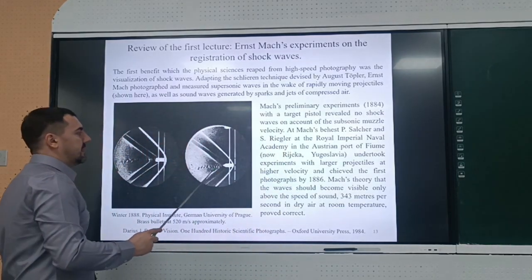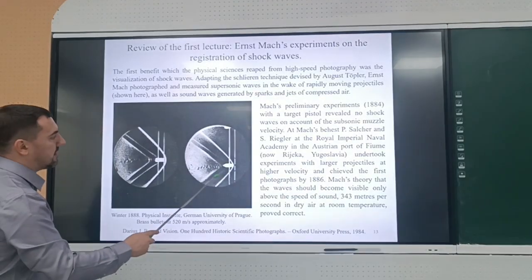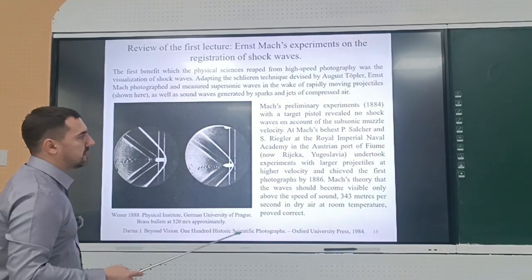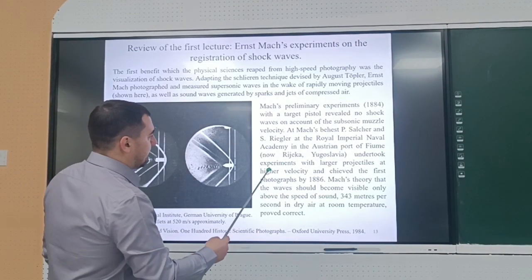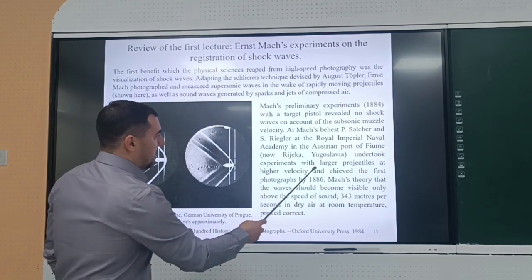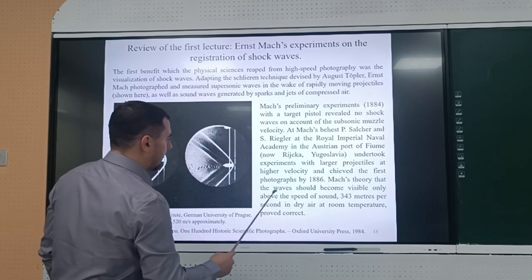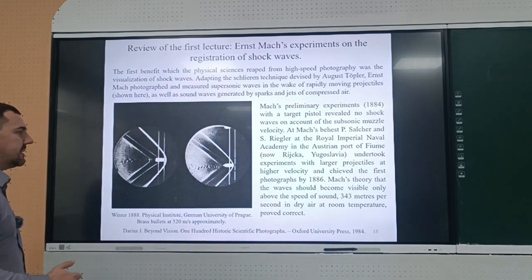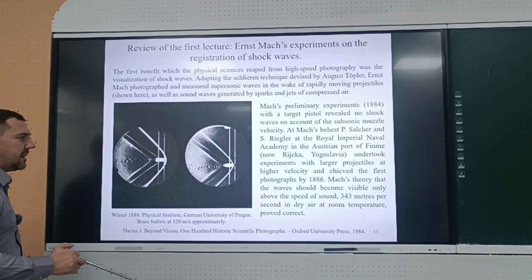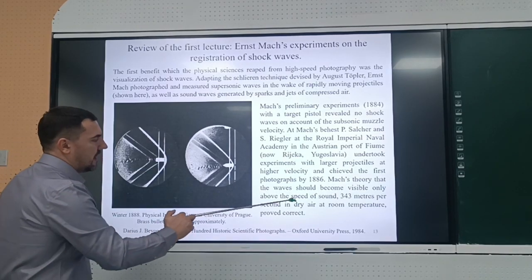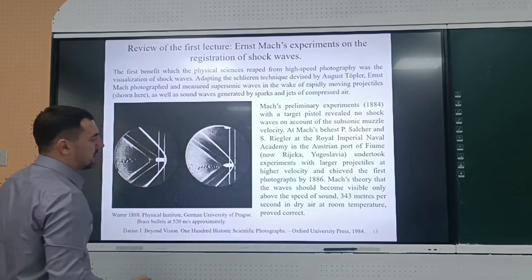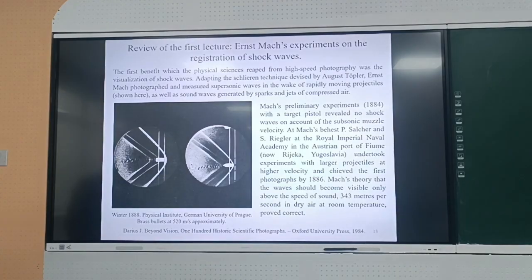So if the velocity of the bullet is subsonic, there are no shock waves. Then they undertook experiments with larger projectiles at high velocity and achieved the first photographs by 1886. Mach's theory that the waves should become visible only above the speed of sound, about 343 meters per second in dry air at room temperature, proved correct.